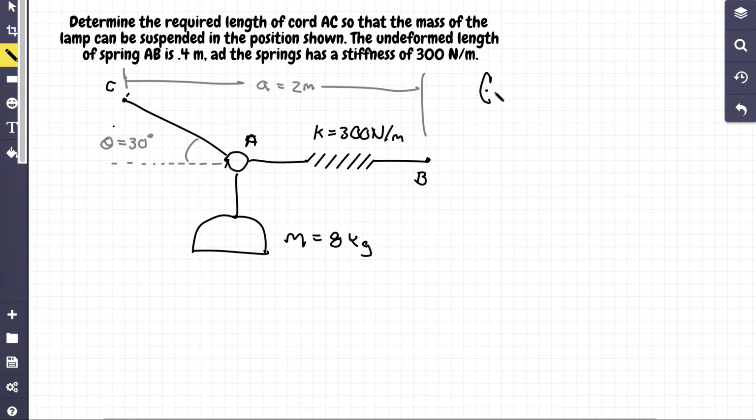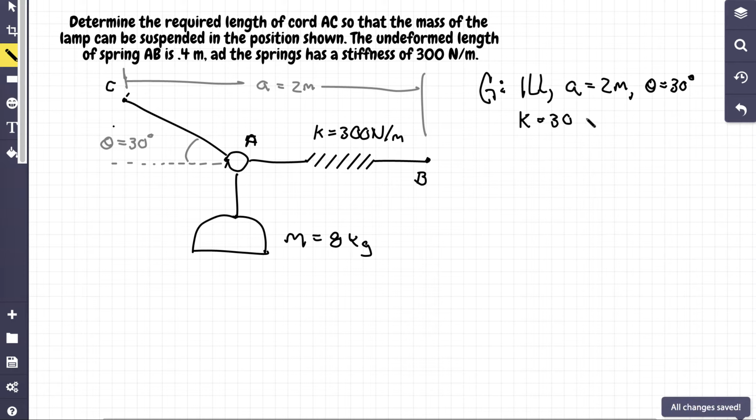So we're given the illustration. Then we're given A is equal to 2 meters. Theta is equal to 30 degrees. K, the stiffness, is equal to 300 Newton per meter. The mass is equal to 8 kilograms.